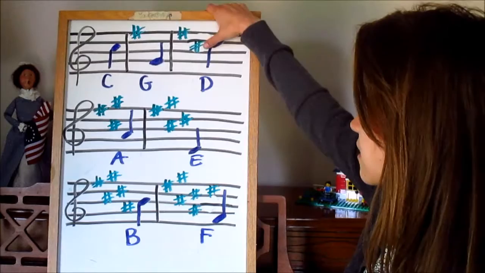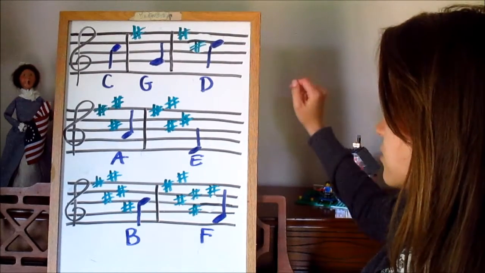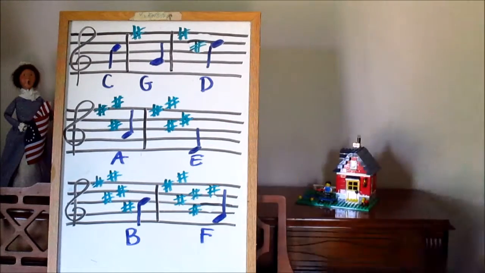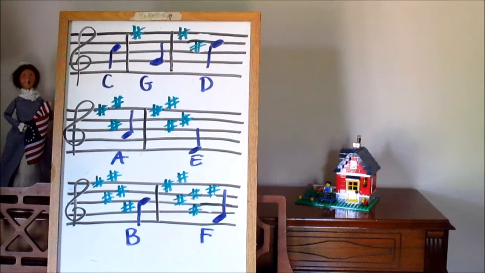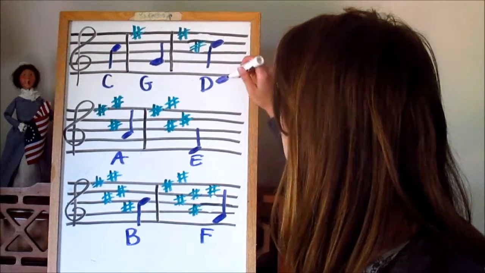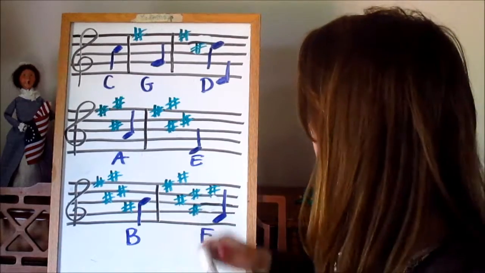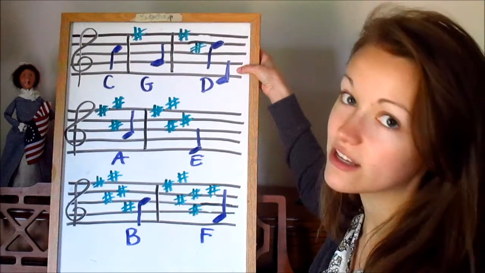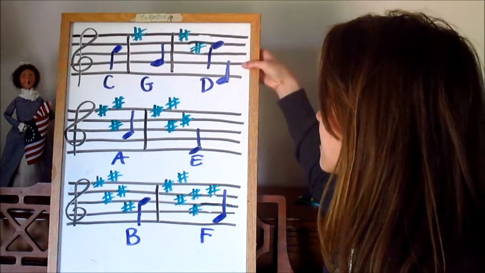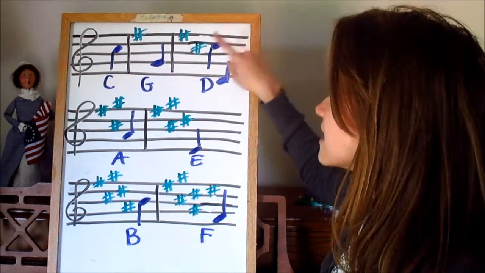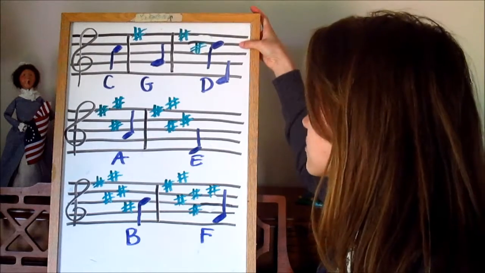Now if you have two sharps, you're in the key of D. If we started at a low D, which is here, D is do, E is re, F sharp is mi, because F is sharped, G is fa, A is sol, B is la, C sharp is ti, and D is do.